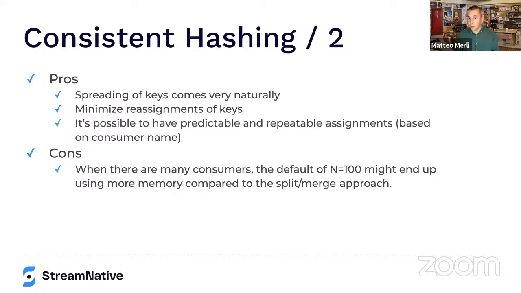You can either use the split and merge approach, or you can reduce the n number. If you have thousands of consumers, you can use, say, n equal 10 or even n equal 5, because anyway, you have a lot of consumers already, so that is already giving a good distribution.